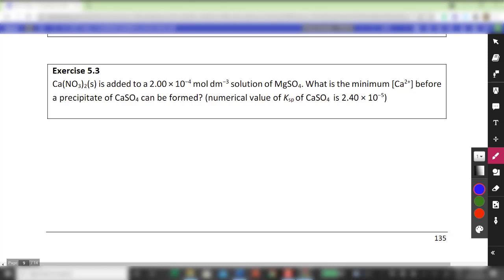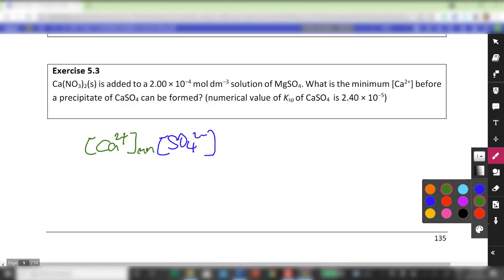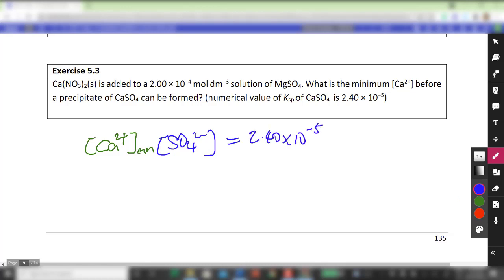Since I'm already given a certain concentration of sulfate, what I need here would be a minimum calcium 2+ concentration that I need to add in order for this value to be equal to the Ksp, which is 2.40 times 10 to the power minus 5. And because the sulfate concentration is already known to me, which is 2.00 times 10 to the power minus 4.